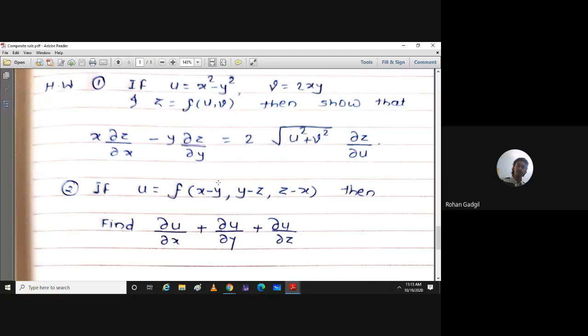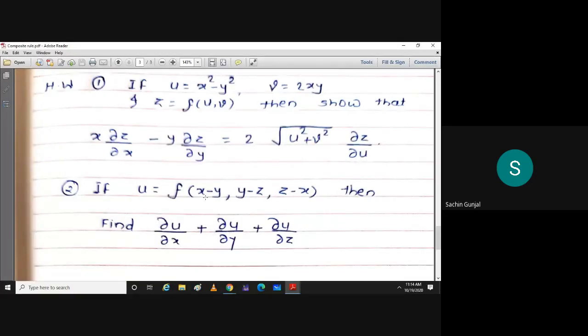Good. So x minus y will be r, y minus z will be s, z minus x will be t. So u is a function of r, s, t, and then r, s, t are functions of x, y, z. And then accordingly you write the chain rule for ∂w/∂x.